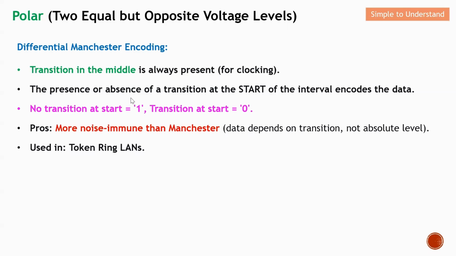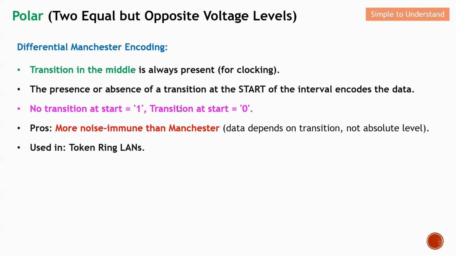The presence or absence of a transition at the start of the interval encodes the data. I'll come to this with an example later on. Basically, if the next message is 1, there won't be any form of transition. If the message is 0, there will be some form of transition.